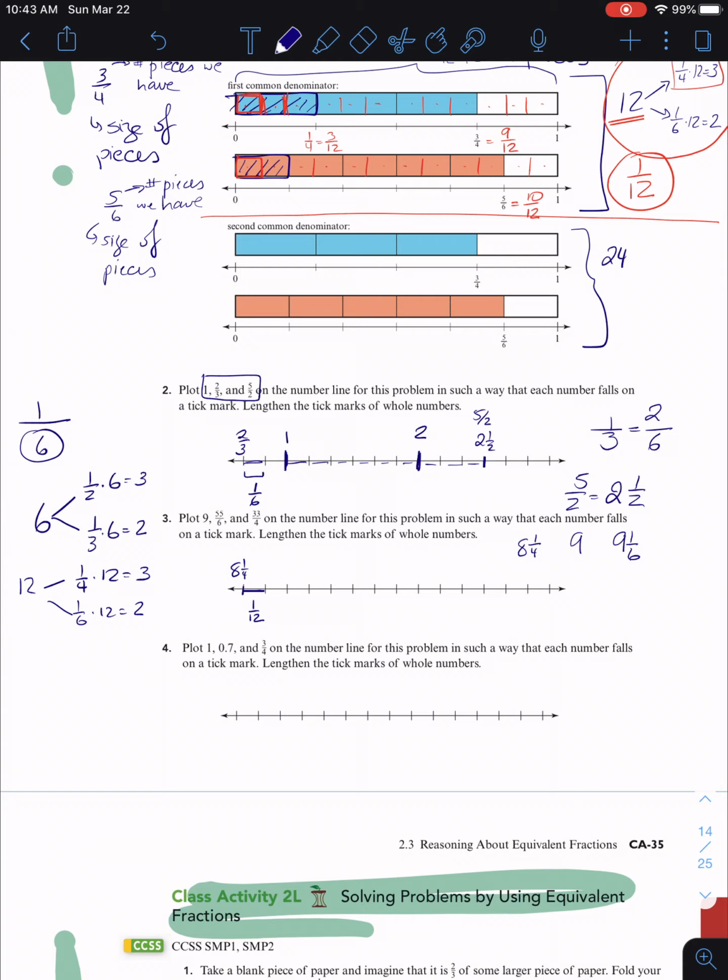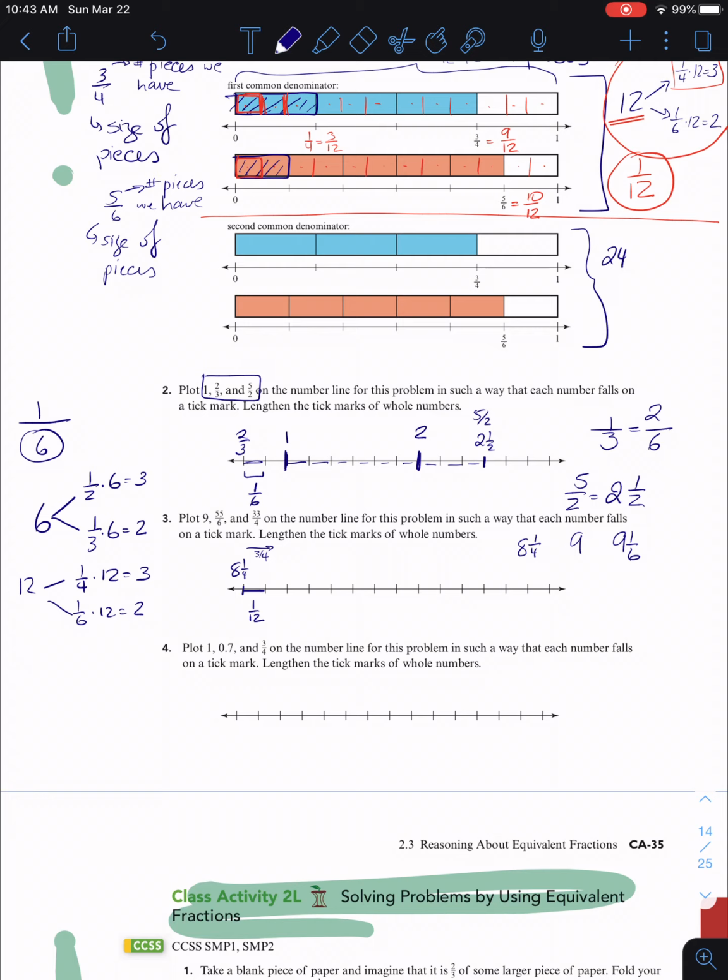Now, how far do we need to go to get to 9 from 8 1/4? Well, we need 3 more quarters. If we need 3 more quarters, how many 12ths is that? Well, every quarter is 3 12ths.